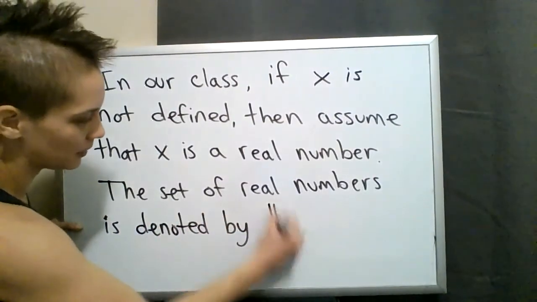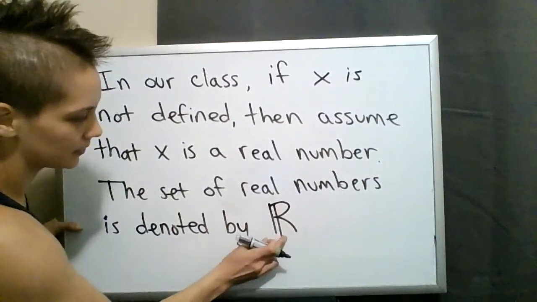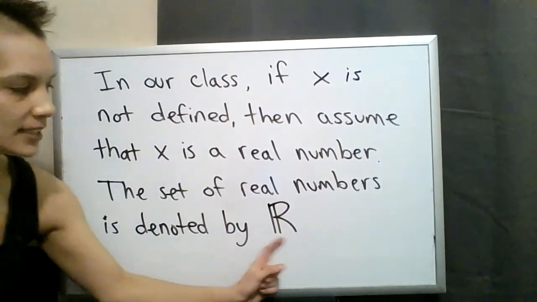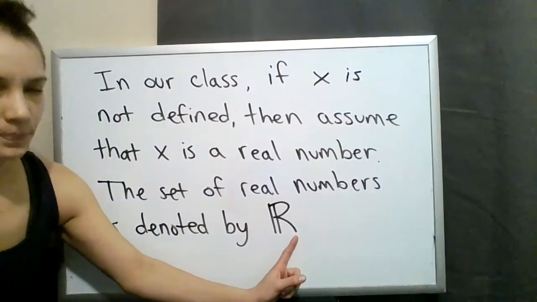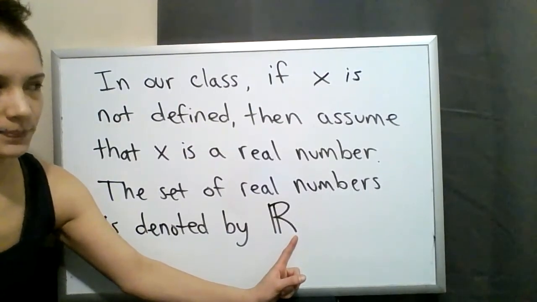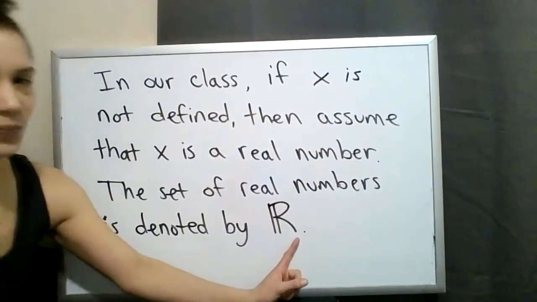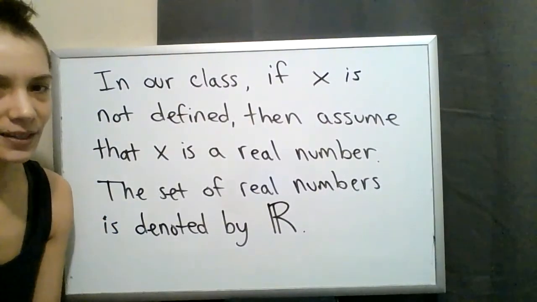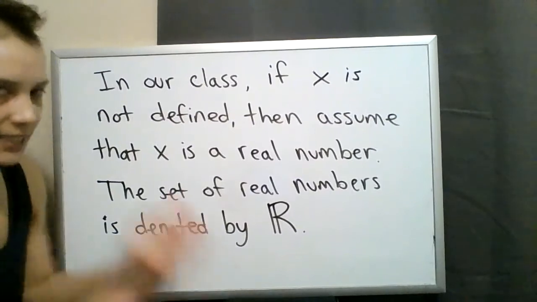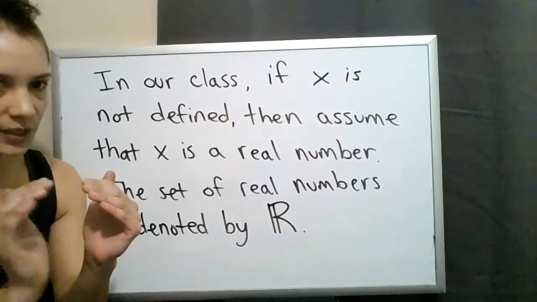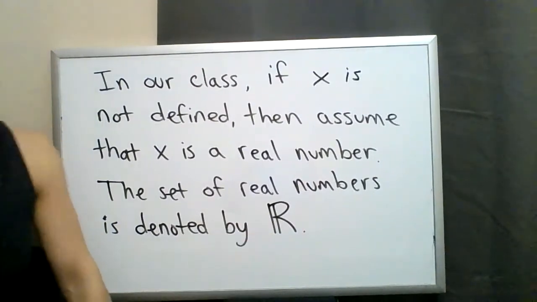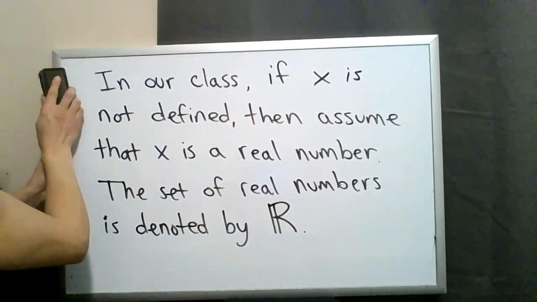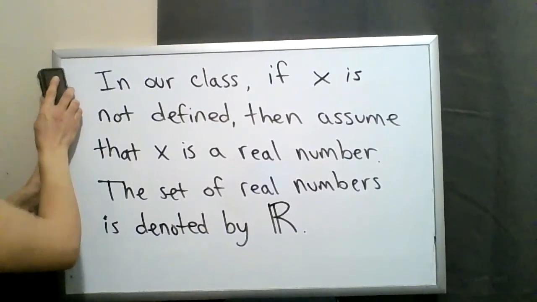So you go like double bar to make that capital R. So this symbol is the set of real numbers. Unless I make the universe special, this is the universe we're in in our class. Let's let that sink in first.